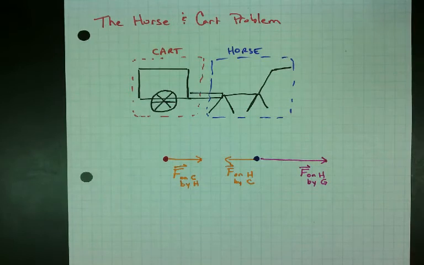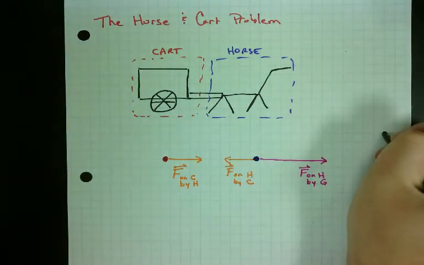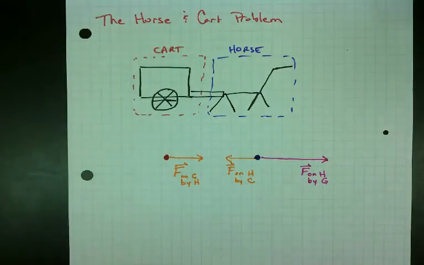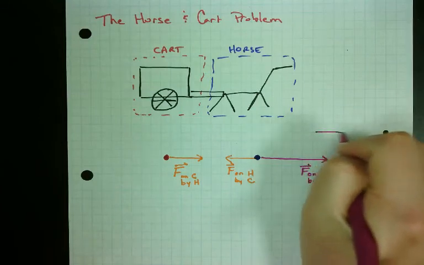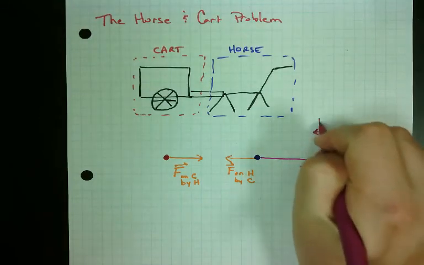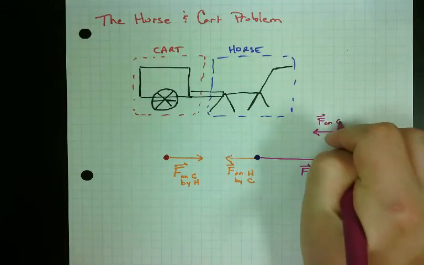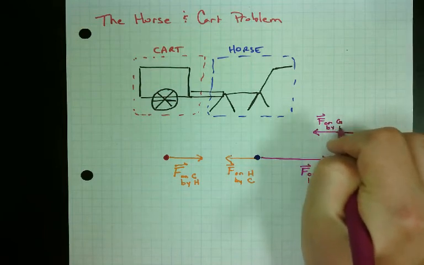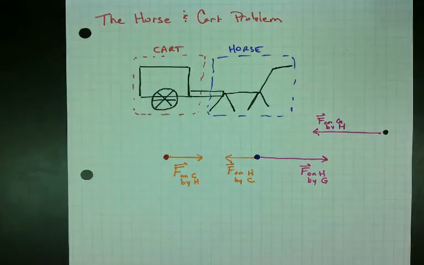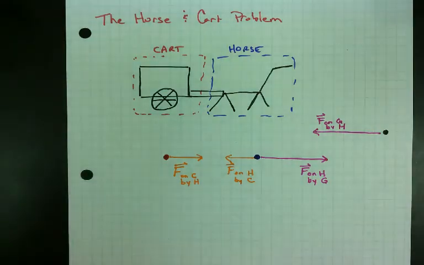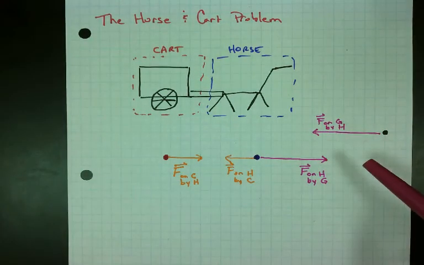And that one has an equal and opposite reaction, but I would have to draw that as a separate free body diagram. So if I drew another free body diagram being the ground, this one has a force going this way that's force on ground by horse. And the ground just has that force on it, right?